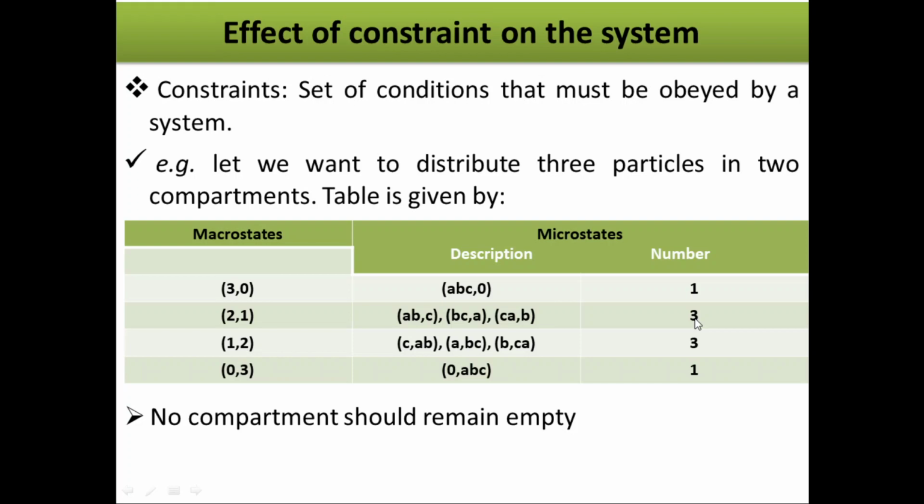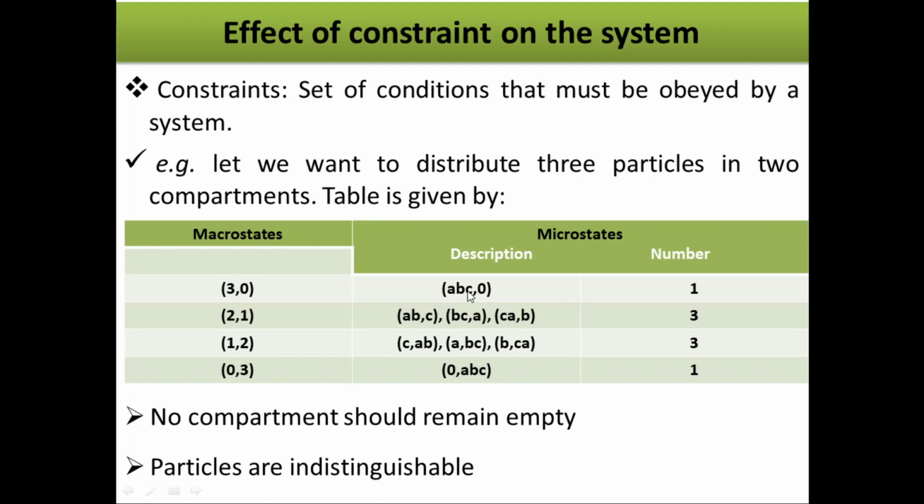Now the second constraint: the particles are indistinguishable, that is all particles are the same, the first particle A, the second A, and the third also A. Then what is the effect on the distribution? In such a case we have 4 macrostates, that is 3, 0, 2, 1, 1, 2 and 0, 3, and each macrostate will have only 1 microstate because the particles are indistinguishable.